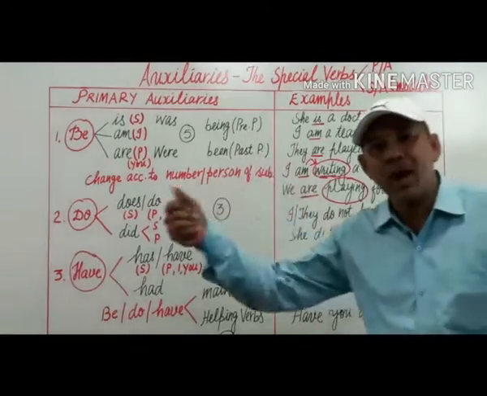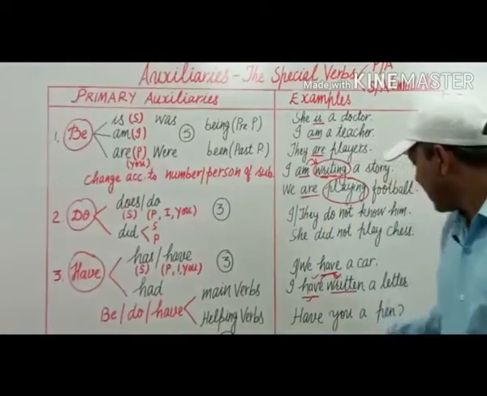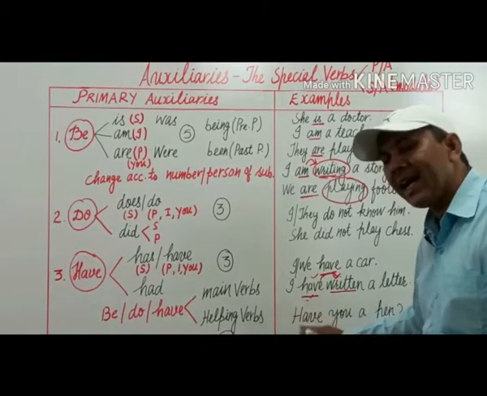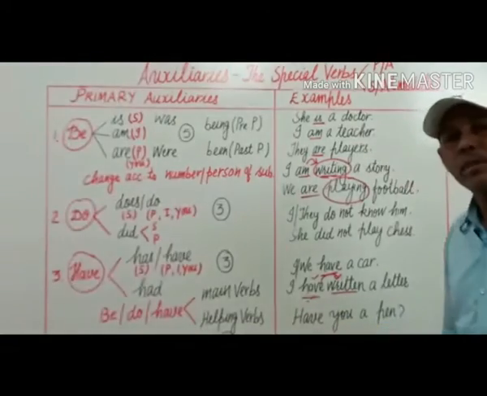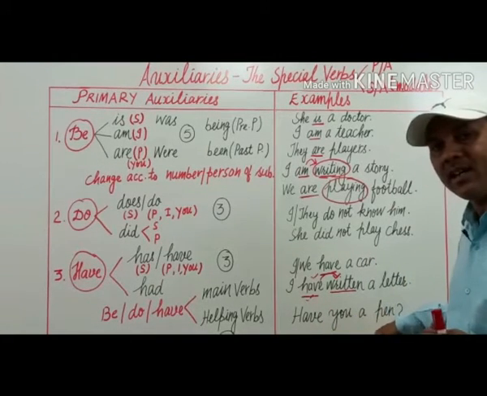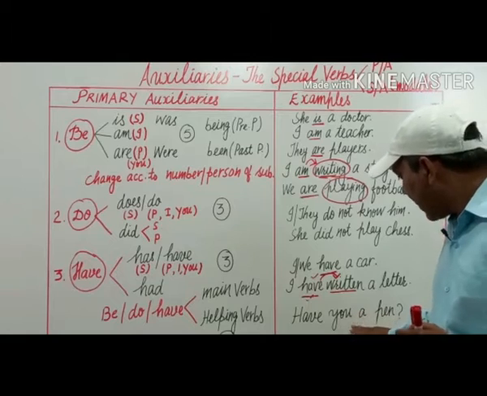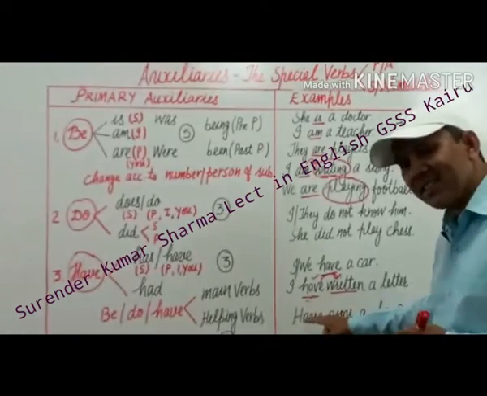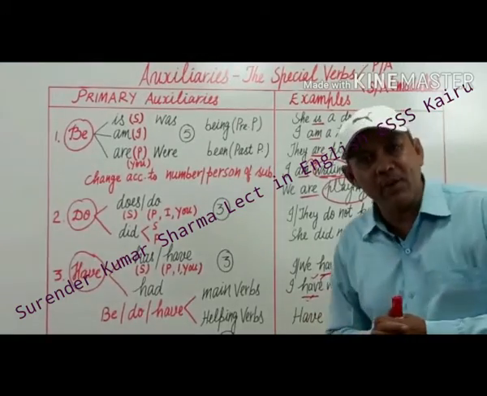She has gone to market. In the same way, if we use this as a main verb, have you a pen? I ask to make a question. Have you a pen? But in America or in the US, we use do you have a pen?